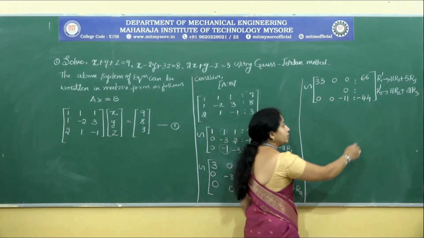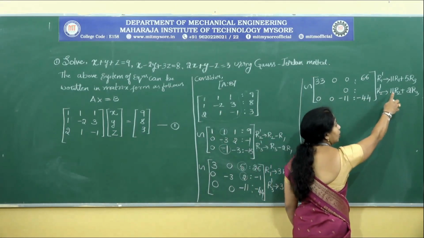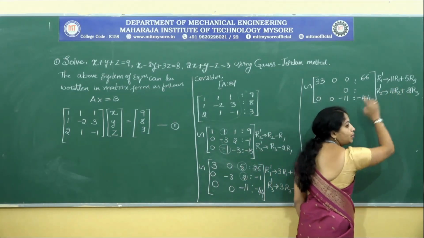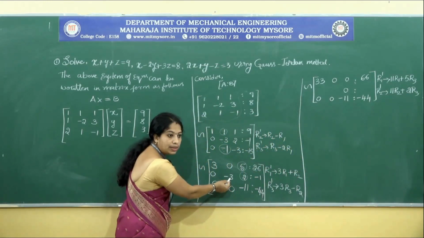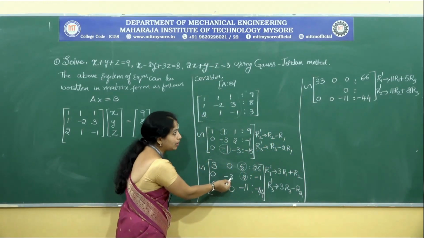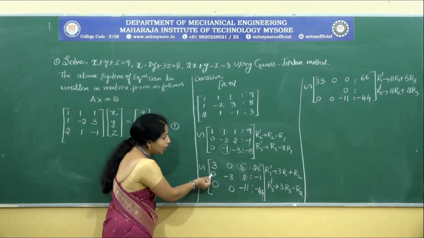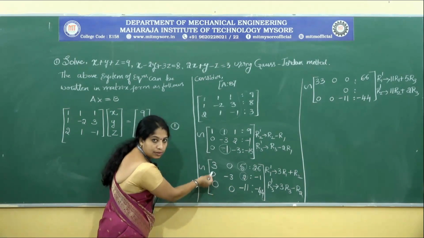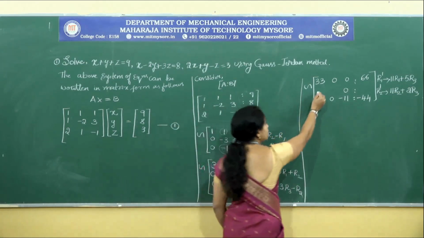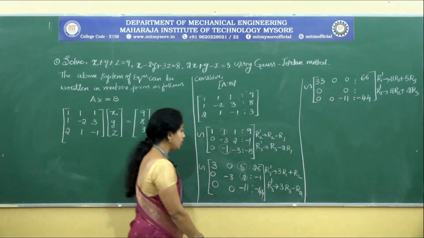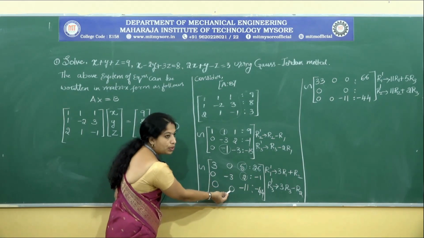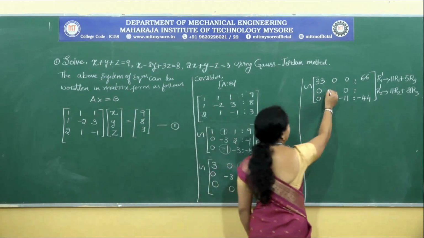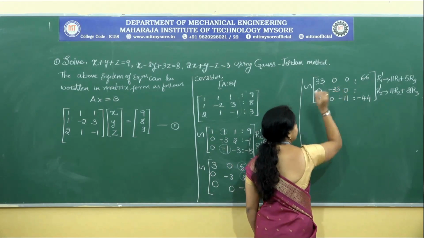See the next row operation, R2 dash is 11 R2 plus 2 R3. 11 R2 means 11 into minus 3 is minus 33. Okay, see the first one, 11 R2 plus 2 R3, that is 0. The first element is 0. 11 R2 means 11 into minus 3 plus 2 times 0, you will get minus 33.